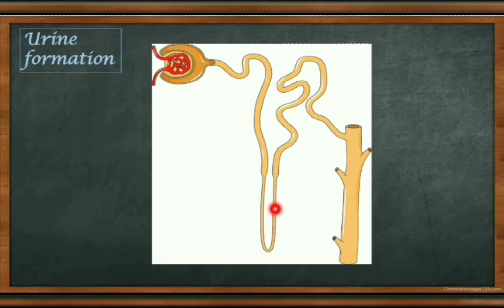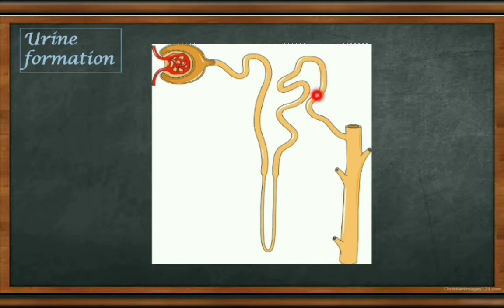Following this, there is another coiled part. This coiled part is called DCT, that is distal convoluted tubule.